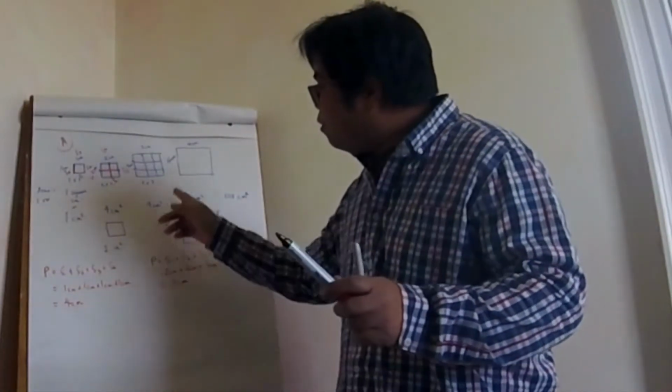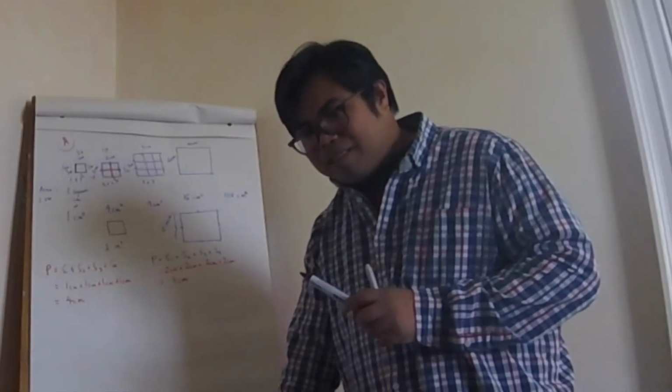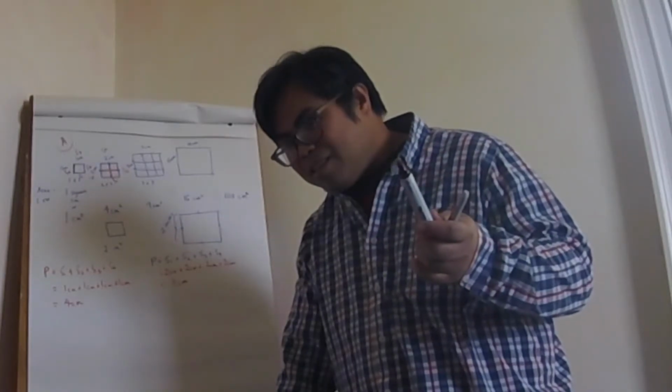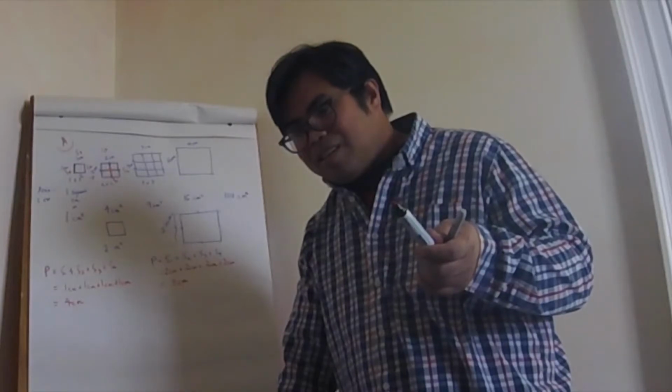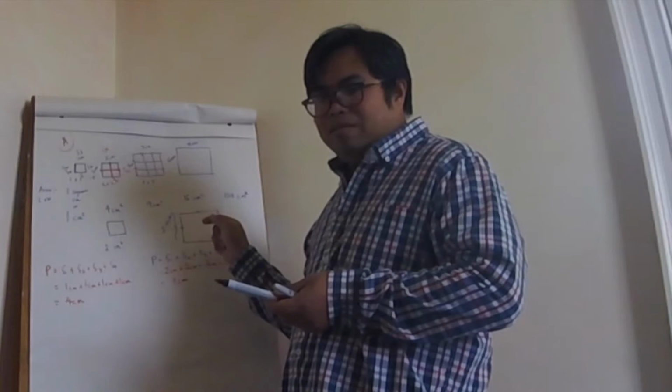Okay, so you have to say the perimeter of the square is 16. Yes, because that's 4, 4, 4, and 4. If you add it, it will be 4, 8, 12, 16.